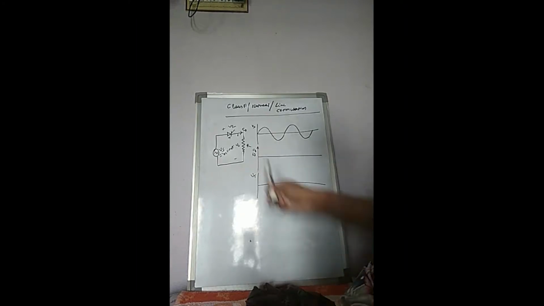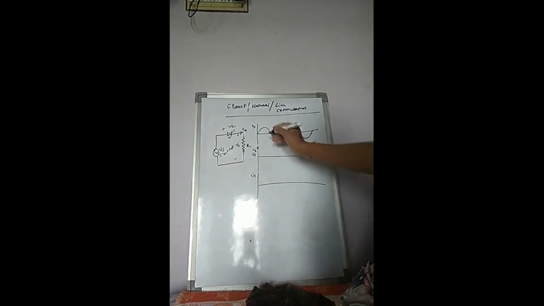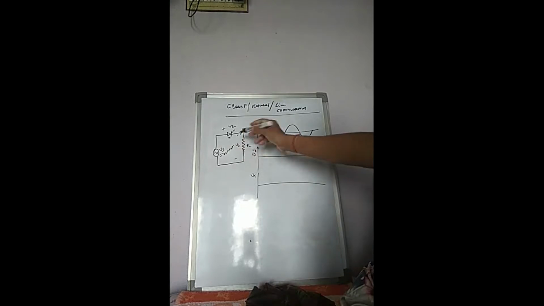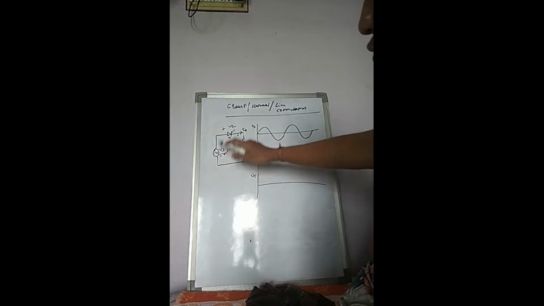So how does the commutation process happen here? When I give a positive signal, the thyristor is in forward biased mode. When I give a gate signal to this thyristor, then this switch is closed. This switch being closed means current can flow from source to load. If current flows from source to load, there will exist V0.